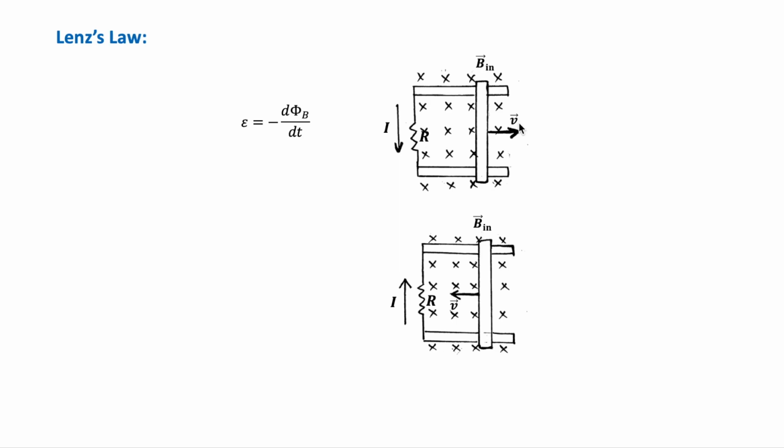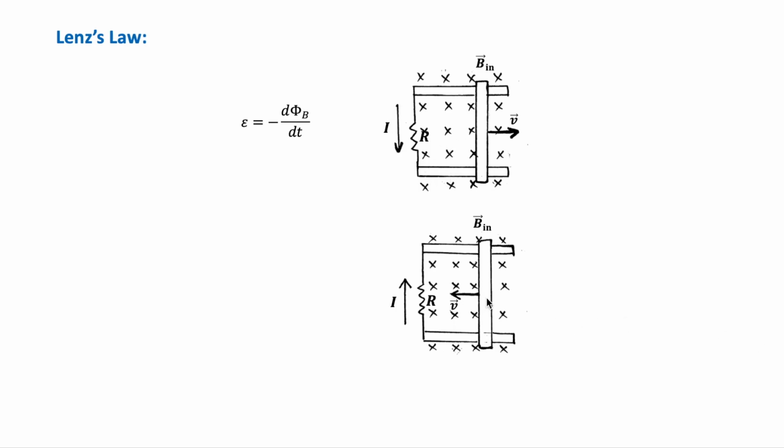And since the flux of the external magnetic field directed into the page is increasing, the induced current must produce a magnetic field out of the page to oppose this change, and that is why the induced current is counterclockwise to give a magnetic field out of the page.